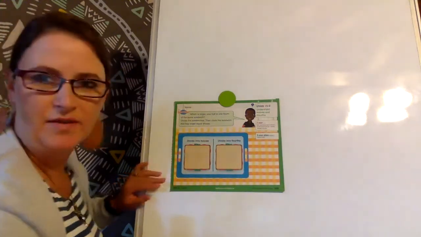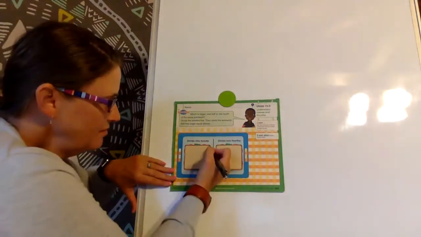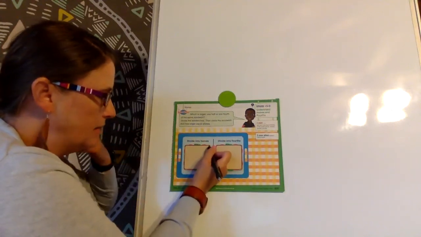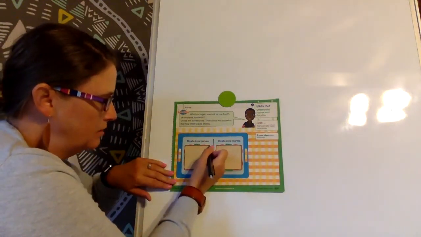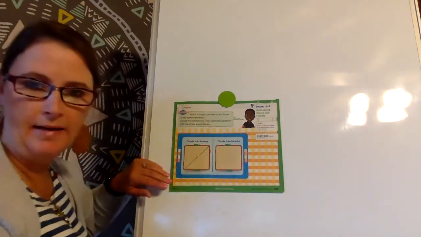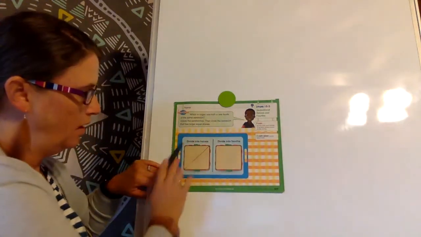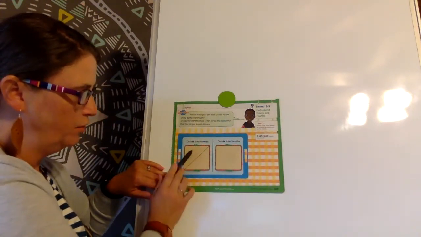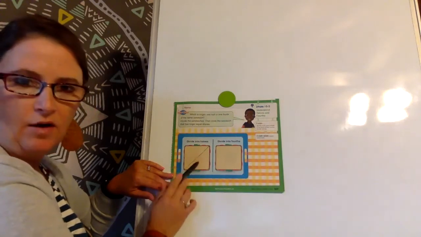Now, I don't like for things to be plain, so I always slice my sandwiches on a diagonal. Now I have one whole that I have divided into two halves that are equal.